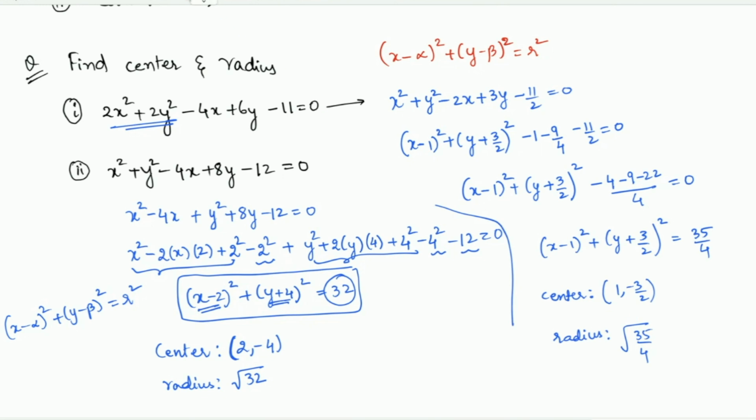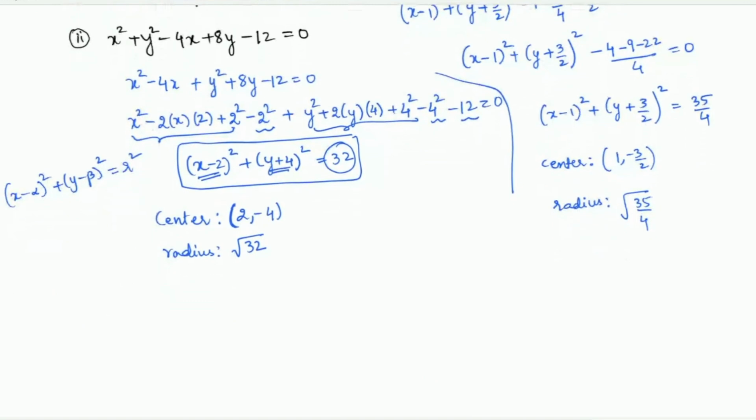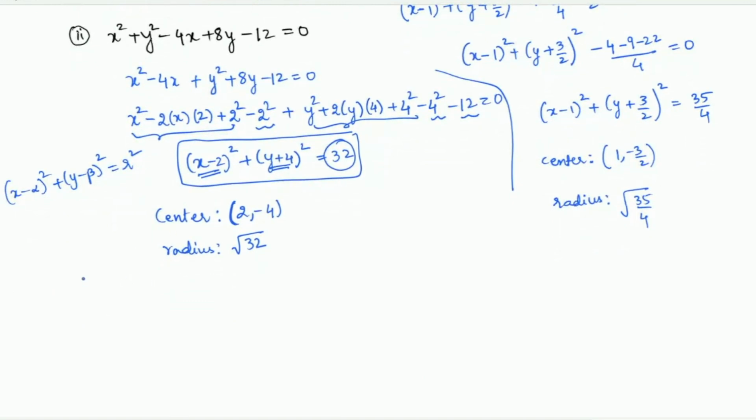All right. Suppose now I have a question like this. 2x square plus 6y square minus 8x minus 12y plus 1 is equal to 0.